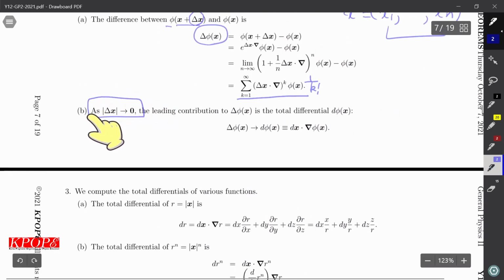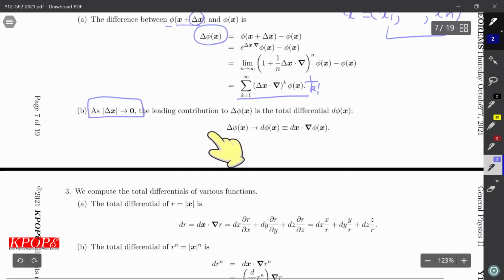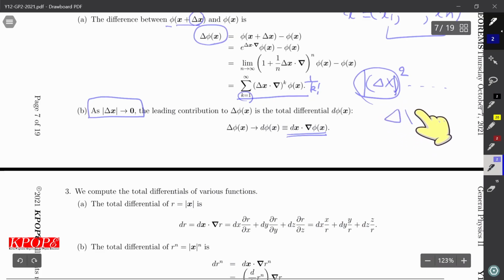As the magnitude of delta x vector goes to 0, the leading contribution is the first term, and after that are higher order terms in the absolute value of delta x. As delta x vector goes to 0, the differential, we call this a total differential.